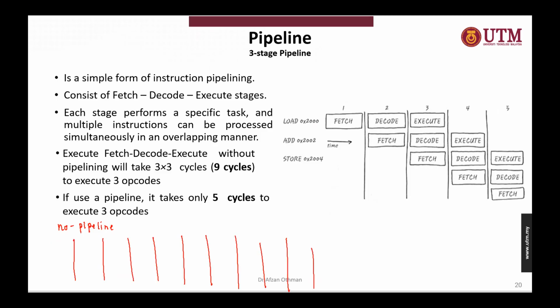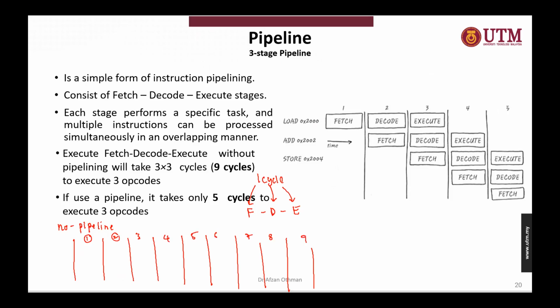We assume that we have fetch, decode, and execute, and each of these takes one cycle to execute. So here we have cycles 1, 2, 3, 4, 5, 6, 7, 8, and 9.